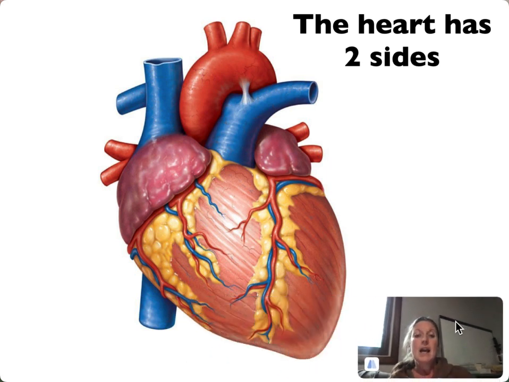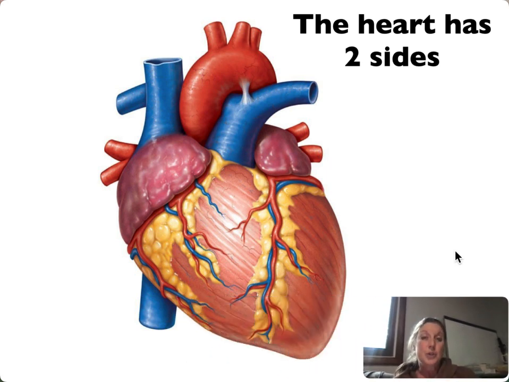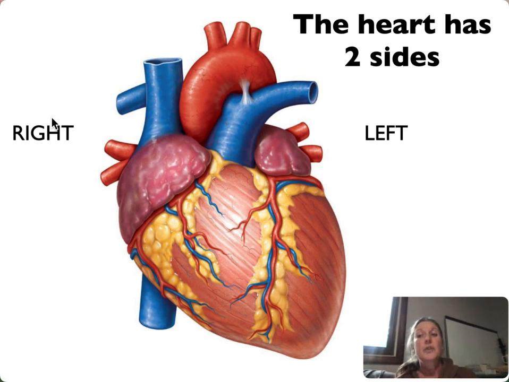Okay. So the heart has 2 sides. Remember, we're doing this in anatomical position, so this is the right side of the heart and this is the left side of the heart. However, because it's tilted to the side, and also because when the heart develops, it develops in a spiral, it twists as the muscle cells are forming.